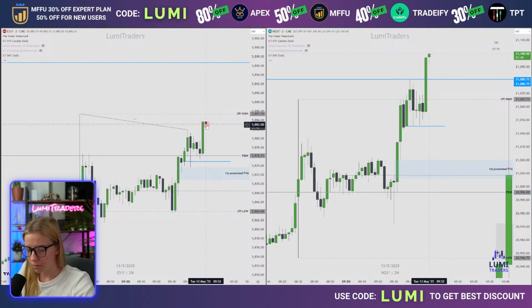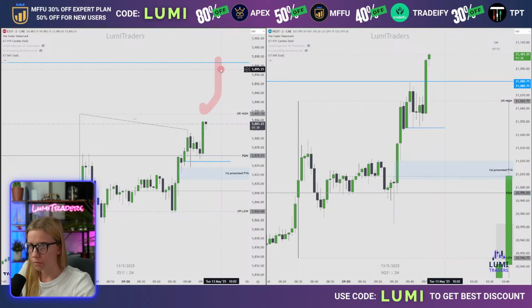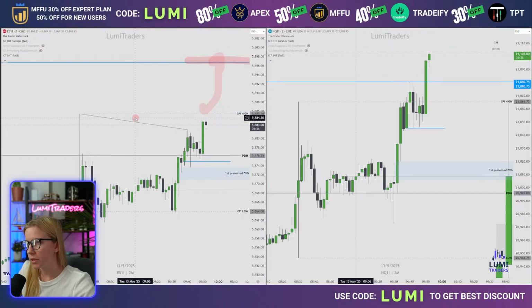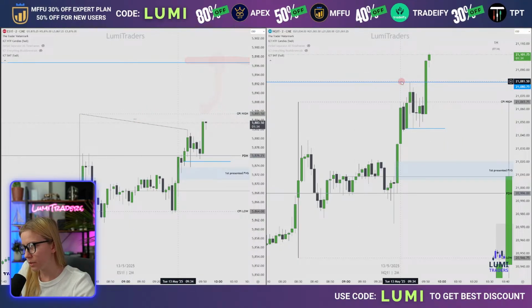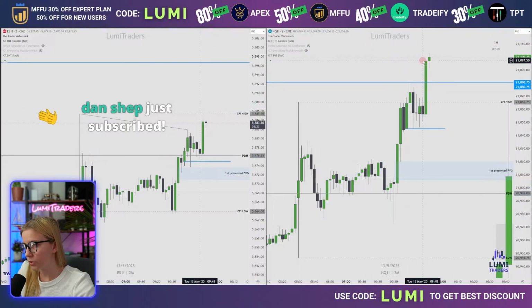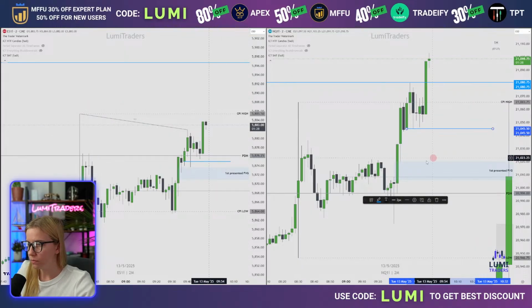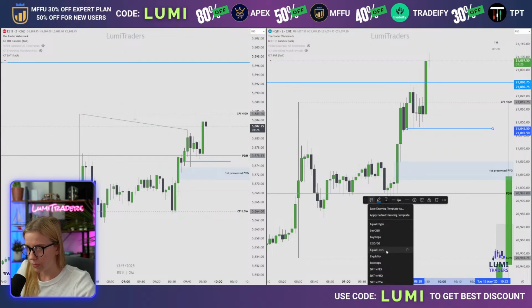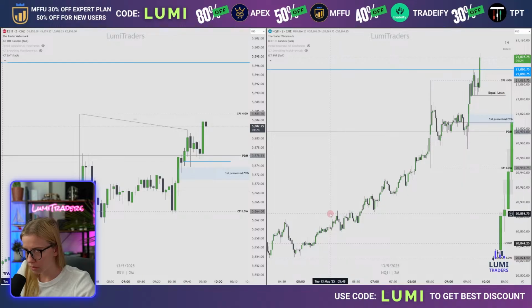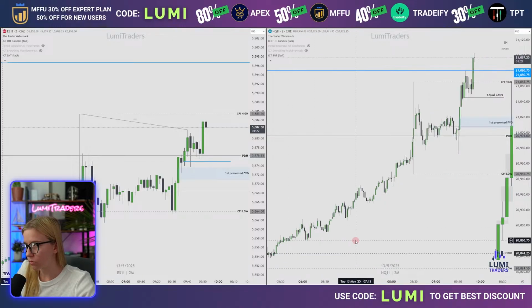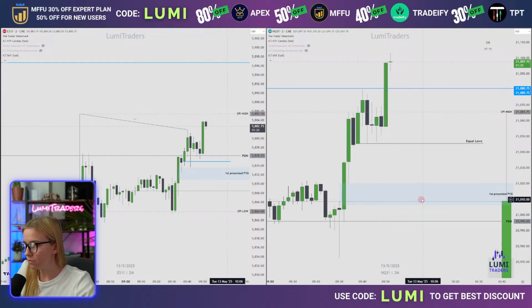Just watching once again somewhere right here and how we can respect this level, because we're still inside the weekly breaker block right here. Finally, we took this level. We got equal lows, by the way. Great to see this. Do we have any other equal lows, guys? Oh, London low is equal lows. That's amazing. Oh, NQ is different. Okay. I would say not a big difference, right? Like 20 points difference.